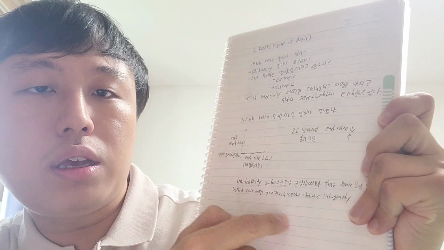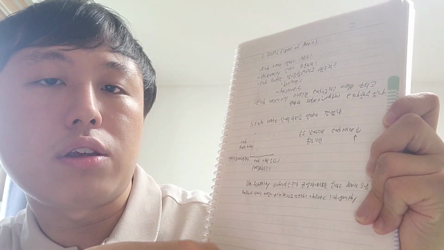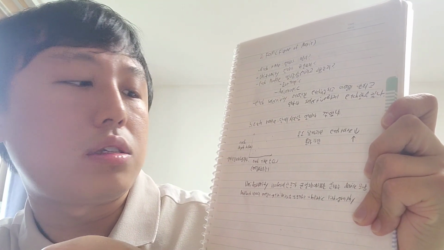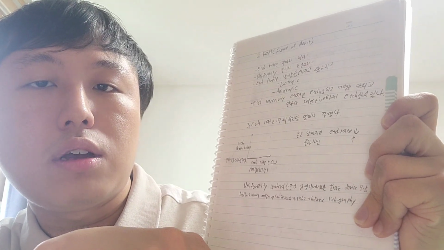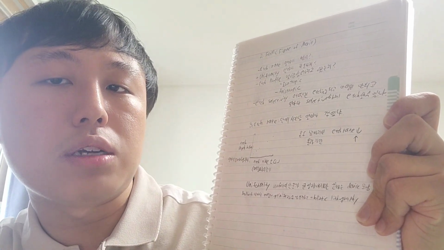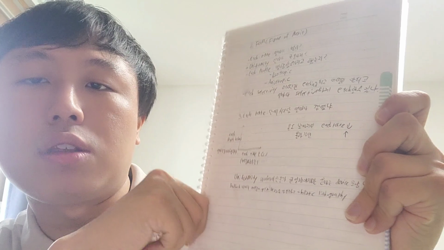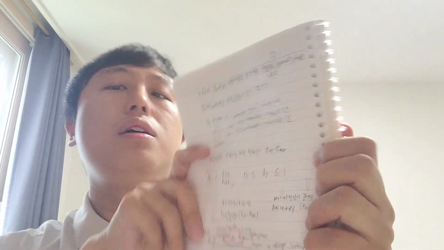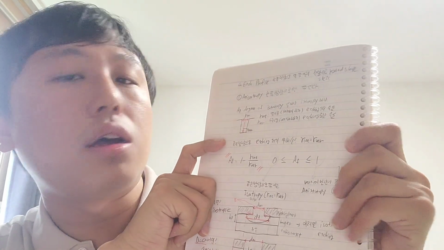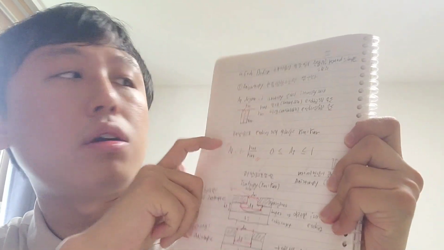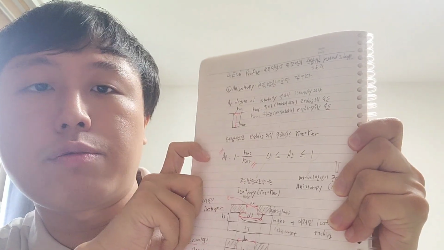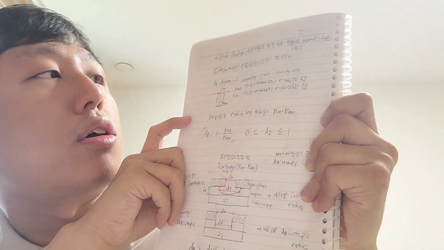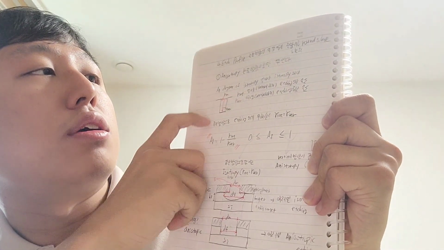And uniformity is when the distribution of vapor is uniform, and we can create the device shape that we wanted. And we'll talk about etch profile. There are two things in etch profile. First, anisotropy etching.